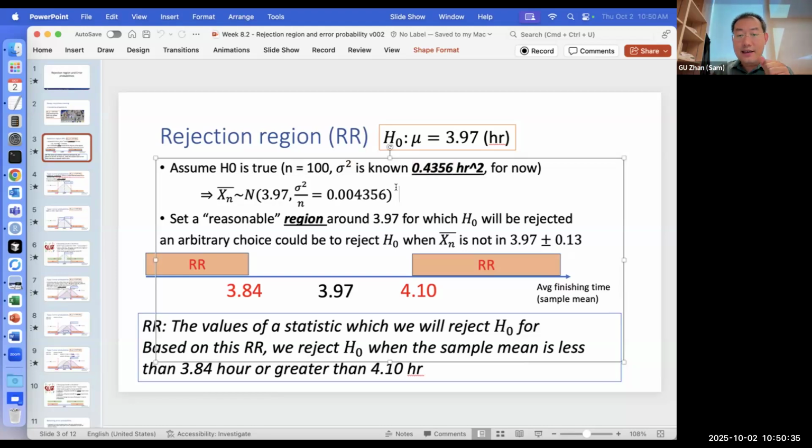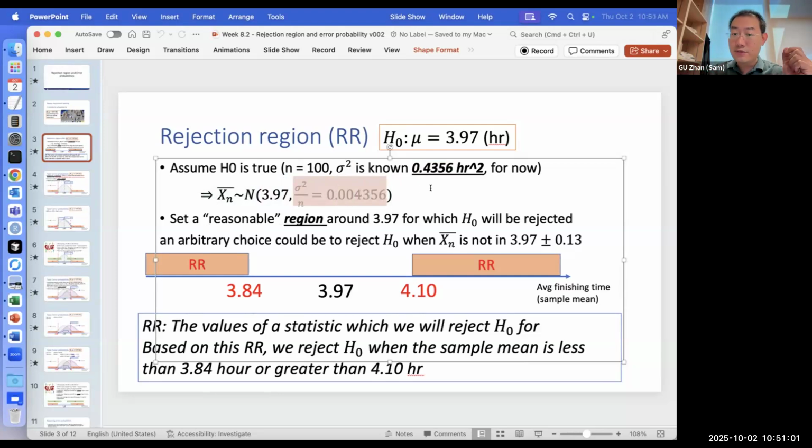Okay, now, then what is it showing to you? X bar n, with n equal to 100, follows a normal distribution with mean value of 3.97, and this is the variance. What is this variance? Is it the variance for the population or the sample?